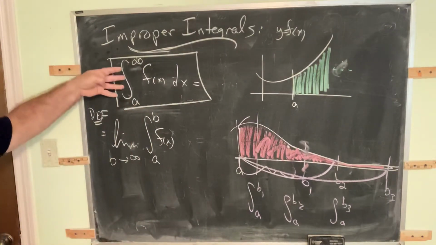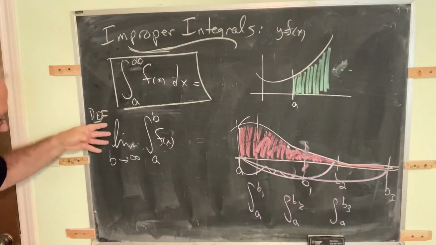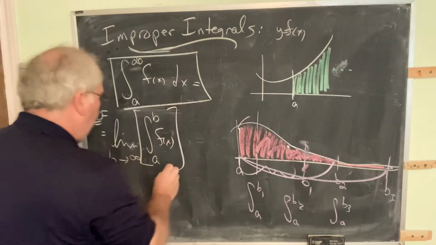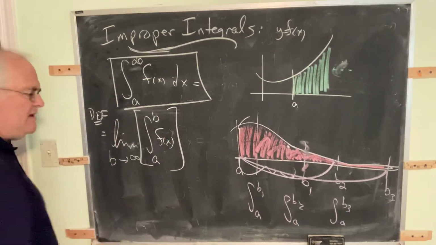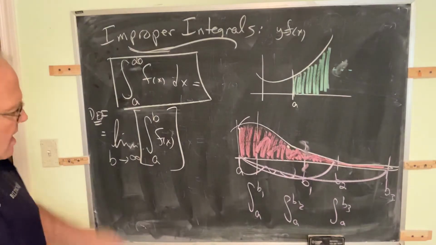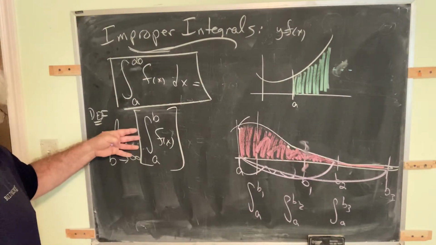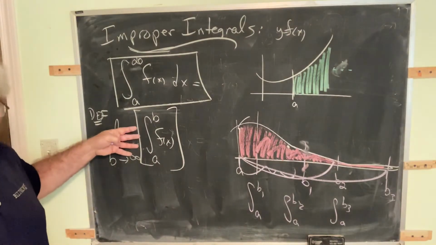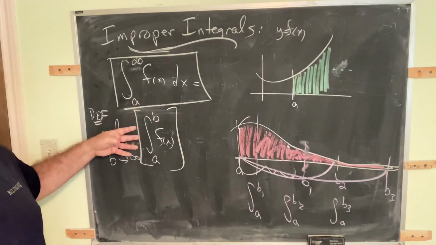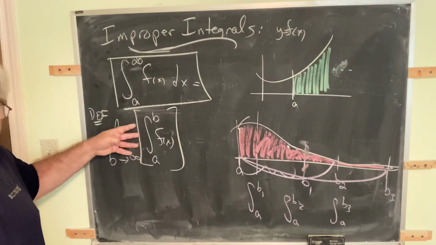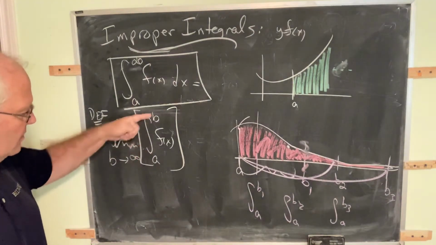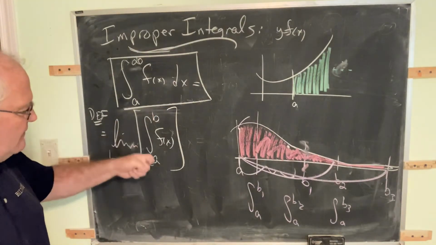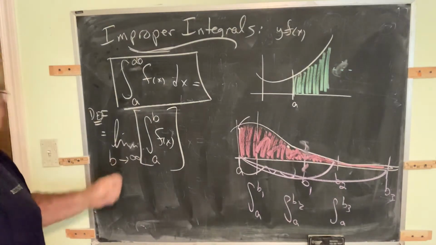Whenever you have an improper integral, you replace it with a limit statement and a proper integral where a and b are finite values. You evaluate that just the way you've always evaluated, using whatever technique of integration you need. Then you have a definite integral: evaluate at the top minus evaluate at the bottom, and then you evaluate this limit.